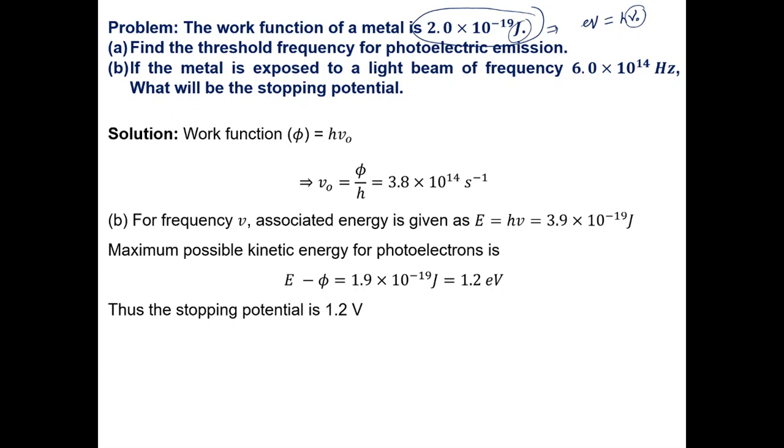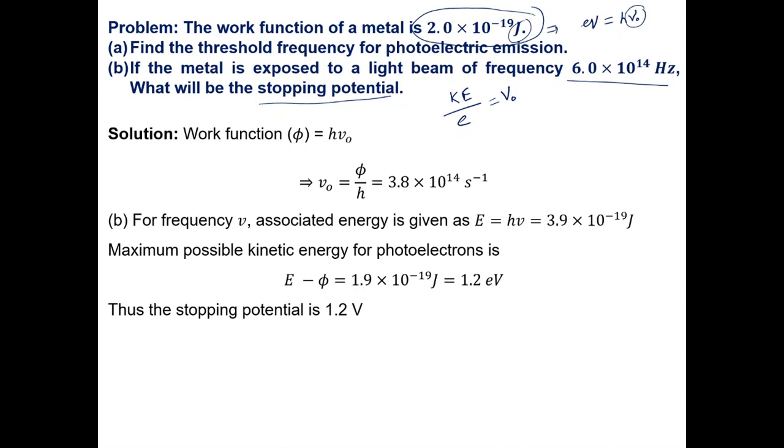The other part is, if the metal is exposed to a light beam of frequency 6 into 10 to the power 14 hertz, what will be the stopping potential? Stopping potential, as we have seen earlier, is nothing but the reverse of the kinetic energy. If you have the kinetic energy and you divide this by the charge on the electron, you get the stopping potential. That's what we have seen earlier, right?